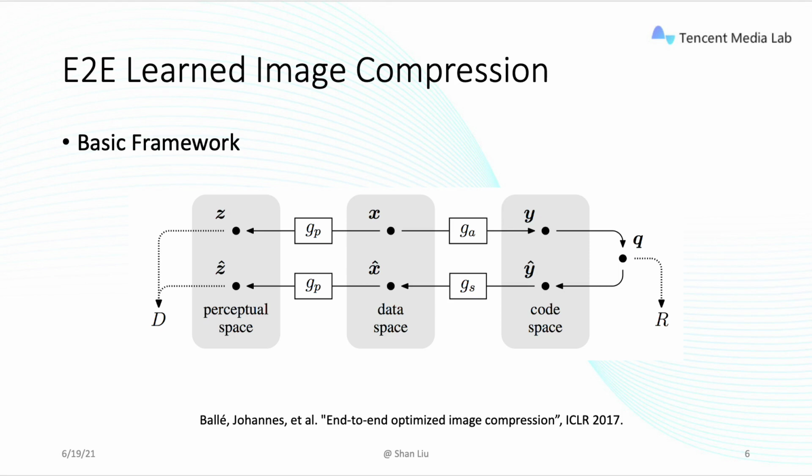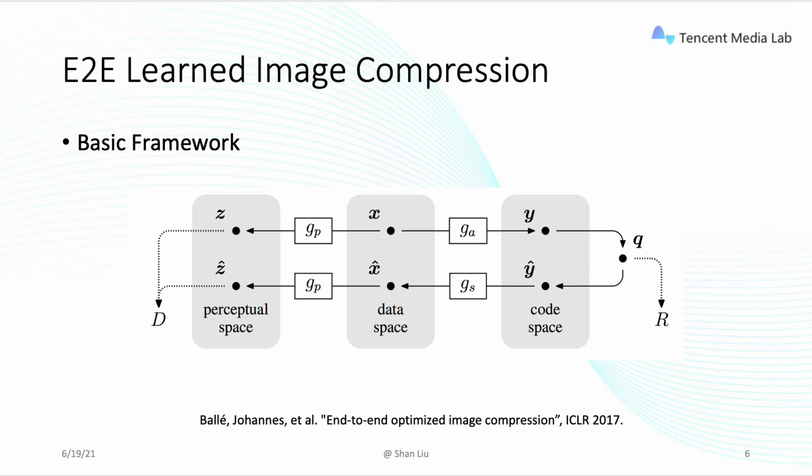On the decoder side, the quantized Y, or Y hat, is decoded from the bitstream and sent to the synthesis network to generate the reconstructed image X hat. As we know, in compression there is always a trade-off between saving the bit usage and preserving the compression quality.